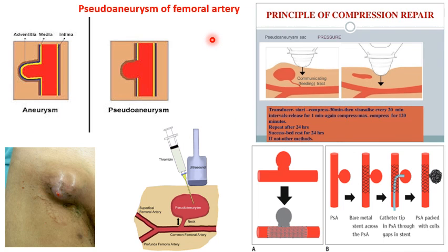And there is another feature which is called pseudoaneurysm of the femoral artery. Aneurysm means bulging of the walls of the femoral artery, wherein all the walls bulge, whereas in pseudoaneurysm it is only the adventitia that is bulged. The media and intima do not extend into this bulge.